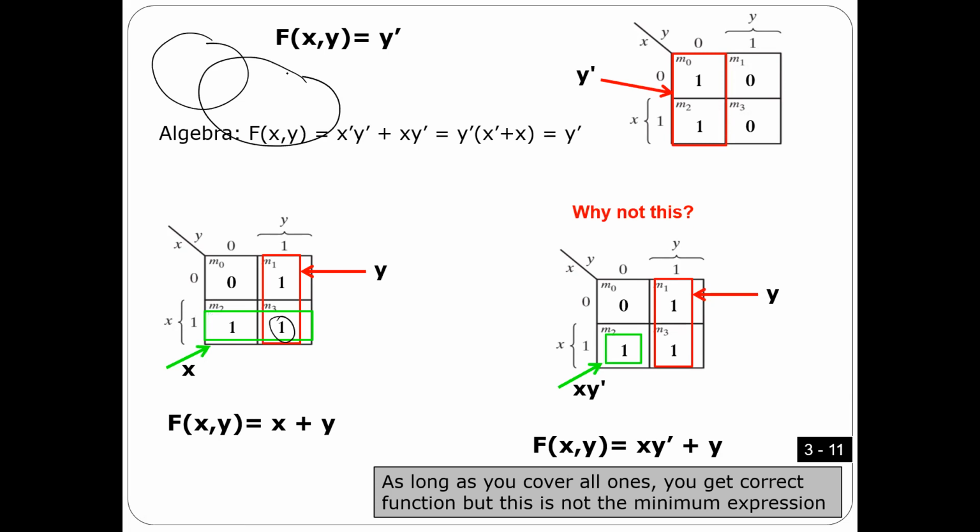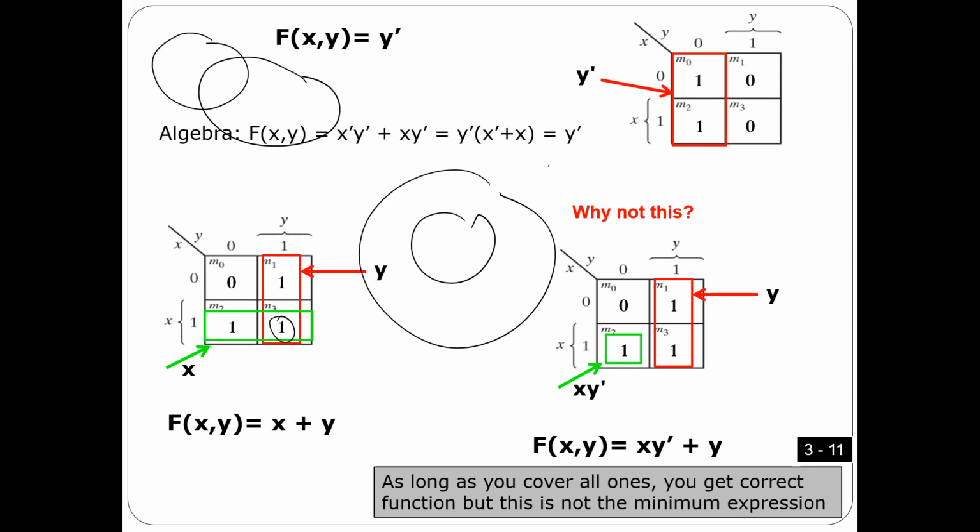What is not allowed, as you will see later, is if you have a group and another group that is a subset of this group. Because you are going to have a redundant term. You don't need it because you already covered it with the ones here.